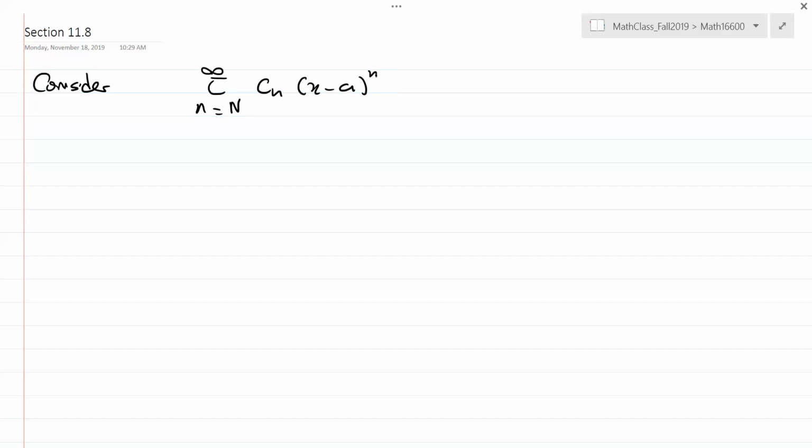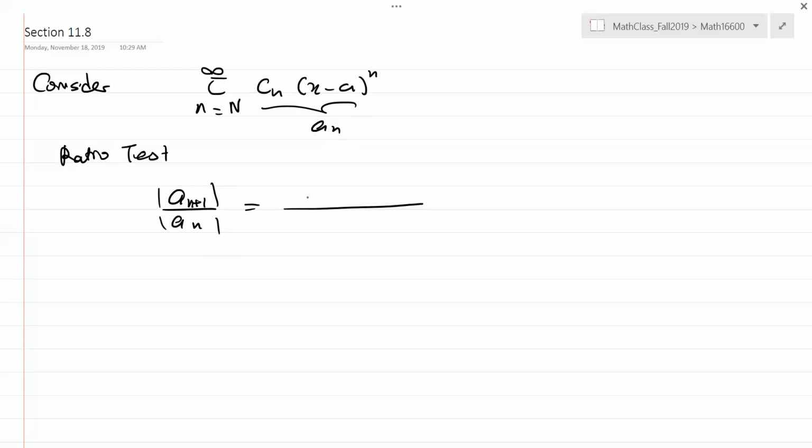So let's try to use the ratio test. This is our a_n, right? So you take a look at the limit of this, if it exists. Here's c_{n+1}, here's (x minus a) to the n plus 1, here's c_n.